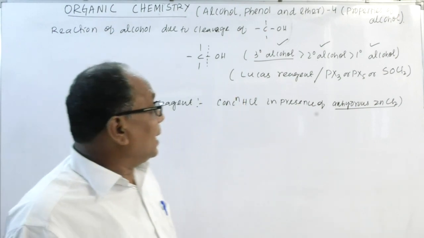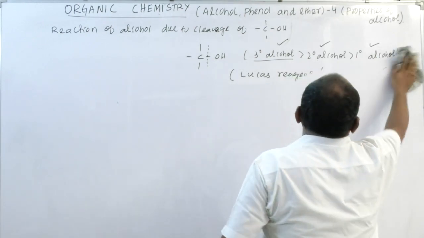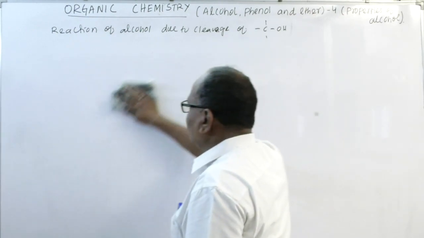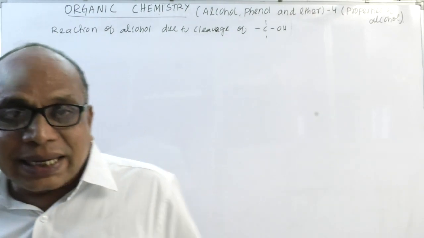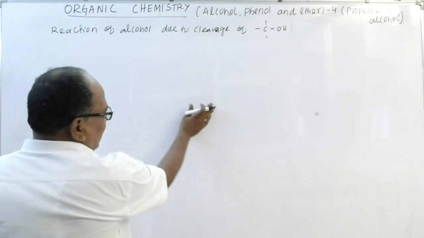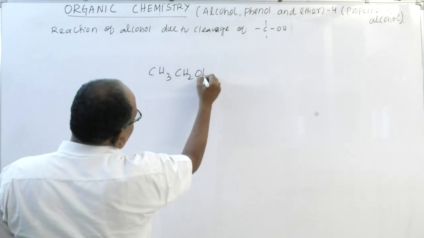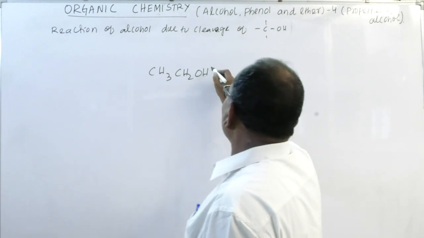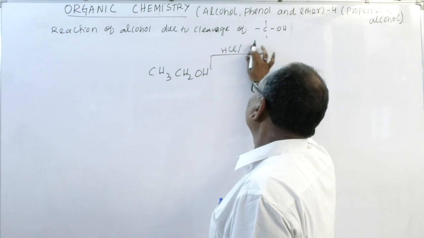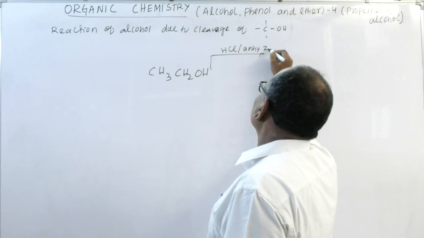Okay, students, let us see how the alcohols react with Lucas reagent. I have already discussed this thing. Suppose you take ethyl alcohol and treat it with Lucas reagent, HCl in the presence of anhydrous zinc chloride.